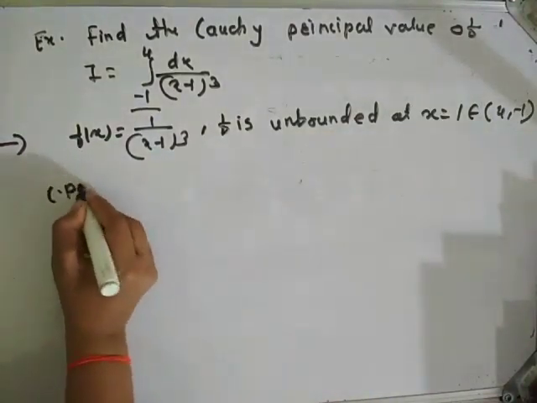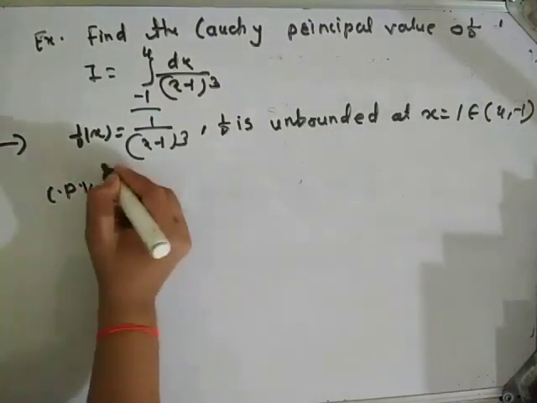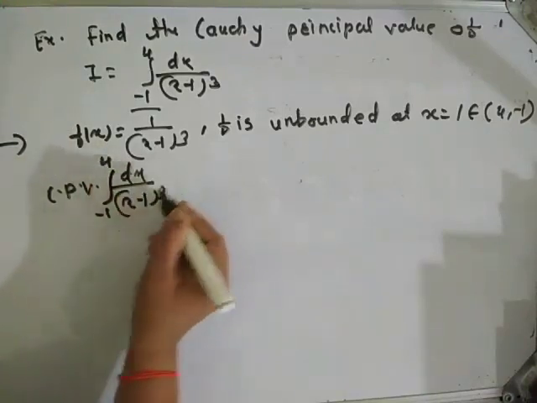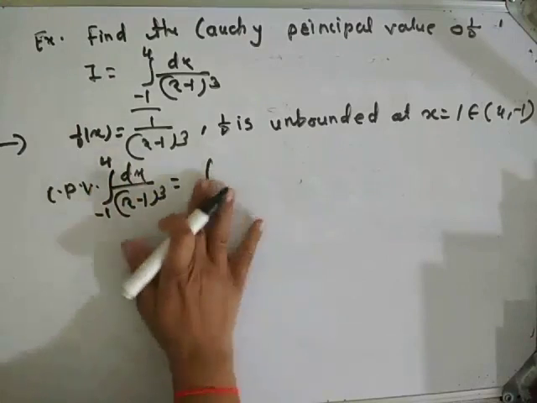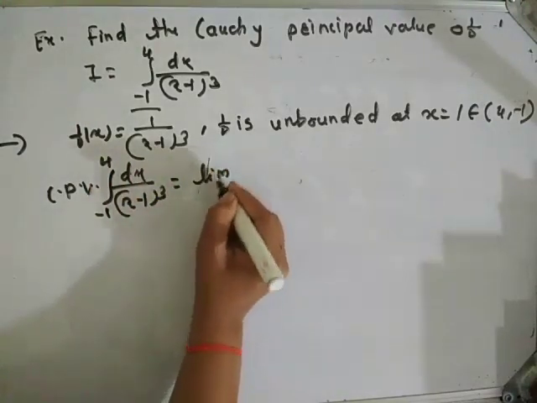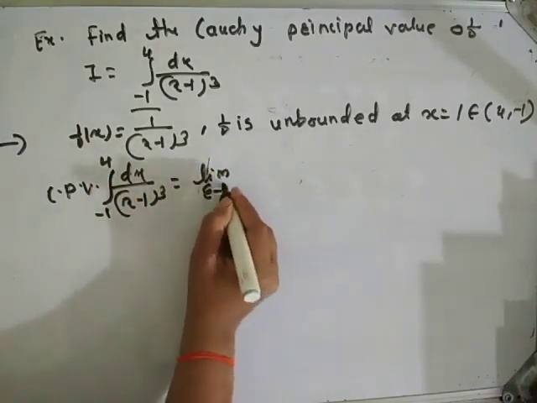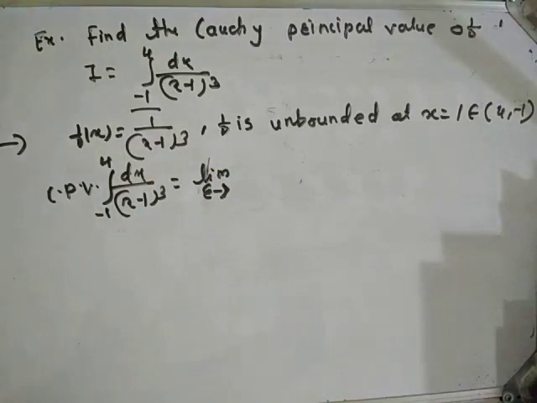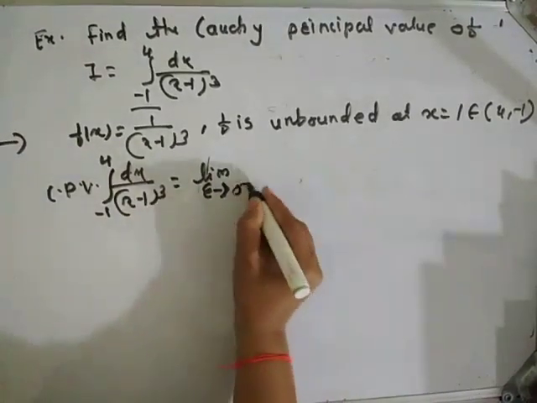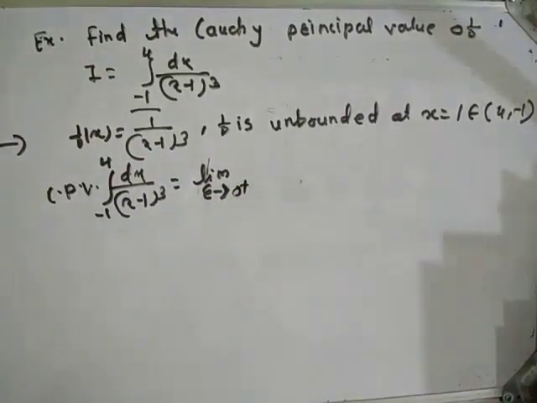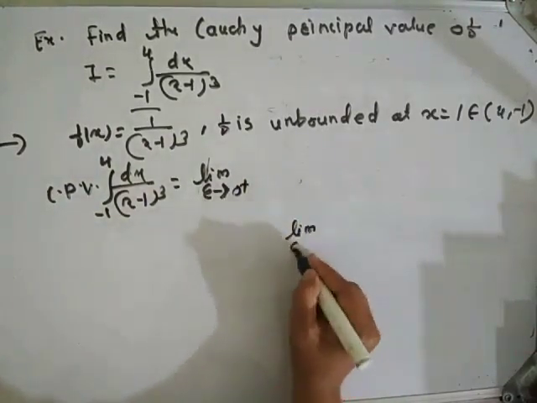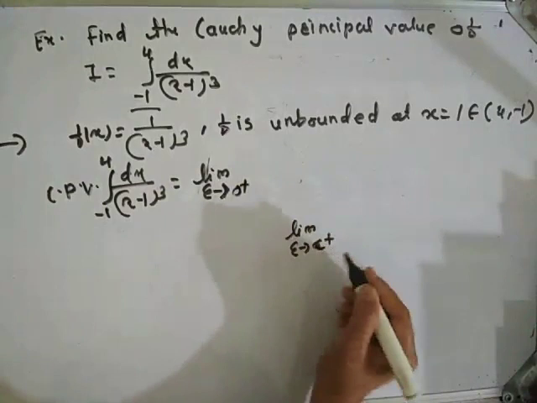So CPV of integral from minus 1 to 4 dx upon x minus 1 cube is equal to limit epsilon tends to 0 plus. Students, in the note, make one correction where I have given you epsilon tends to c plus.